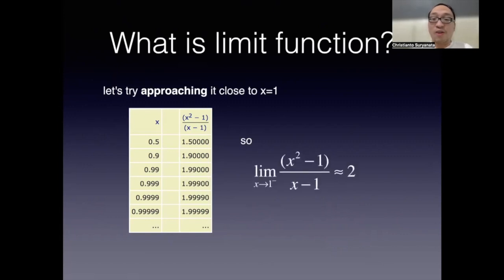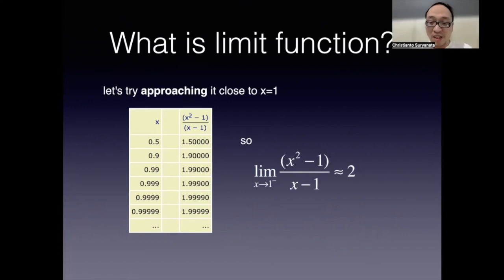Since we are looking from numbers close to 1, we can use a limit function. So we say the limit as x approaches 1 from the left side.